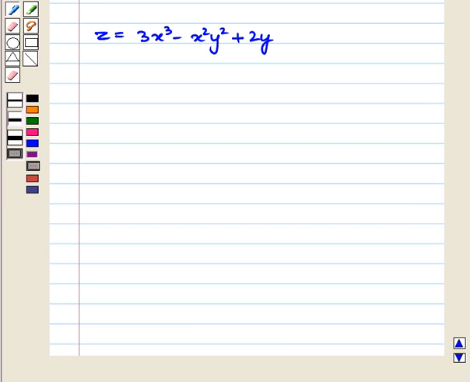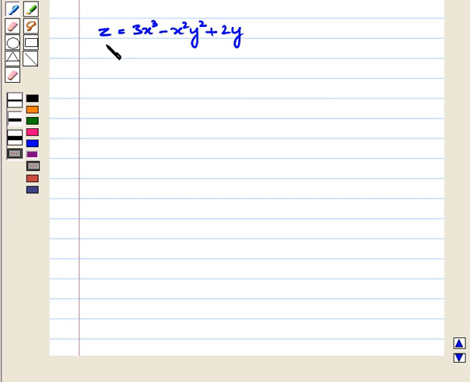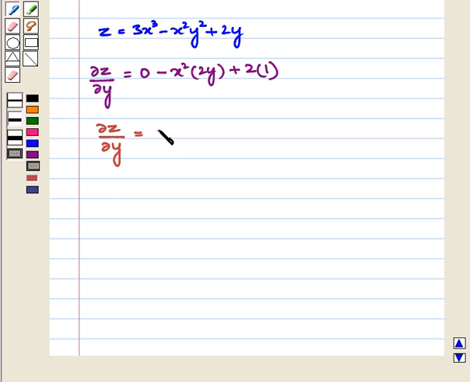Similarly, we can differentiate z partially with respect to y, treating x as constant. We get partial derivative of z with respect to y equal to 0 minus x square into 2y plus 2 into 1, as x is constant. So partial derivative of z with respect to y will be equal to minus 2x square y plus 2.